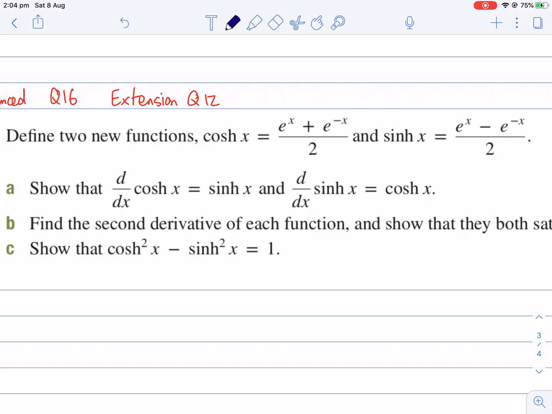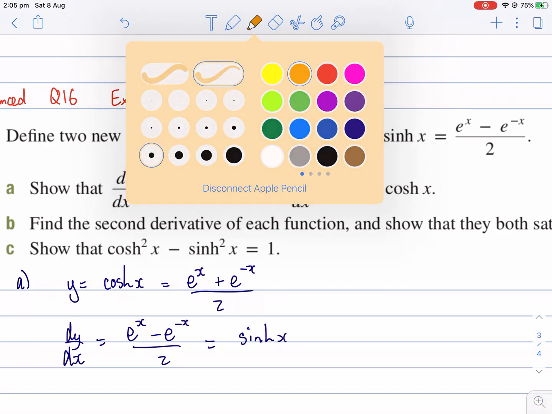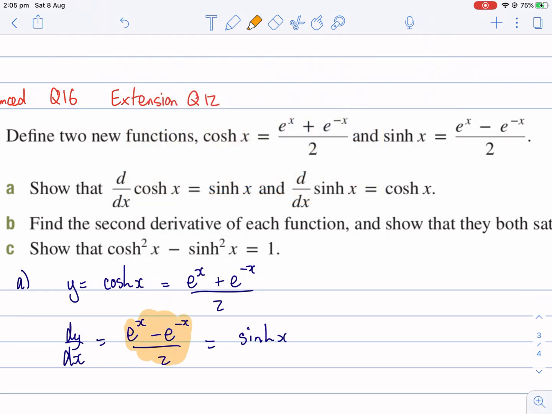Show that dy dx. Okay, so if we have y equals cosh x, which is e to the x plus e to the minus x over 2, then dy dx is going to be e to the x take e to the minus x on 2, which is the same as sinh x.